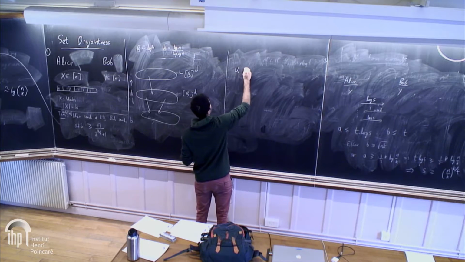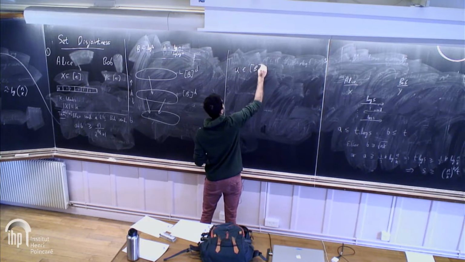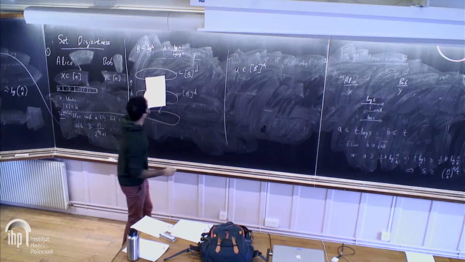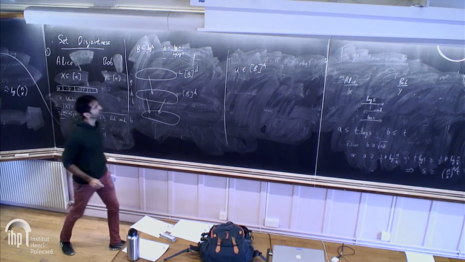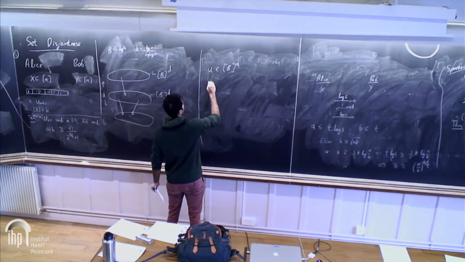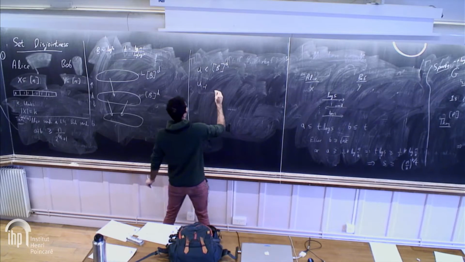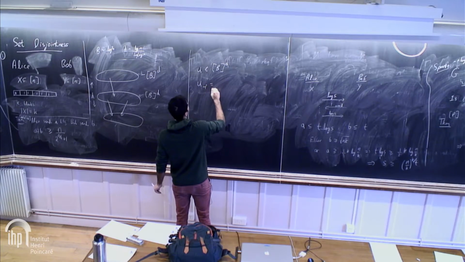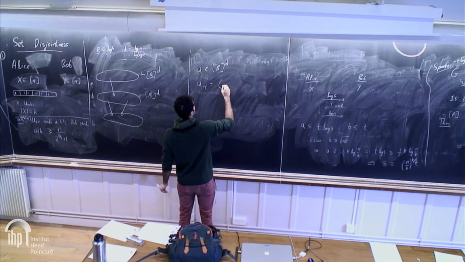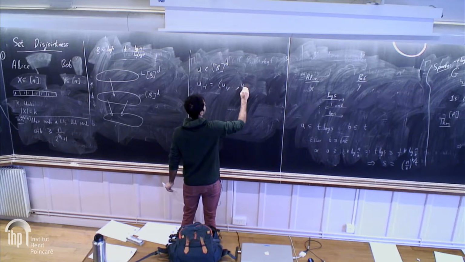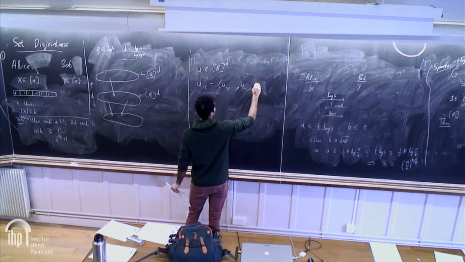Suppose you have u in B to the D, in one of these layers. Then I'm going to write u minus i for the string that is equal to u everywhere except in the ith coordinate, where I put a star.